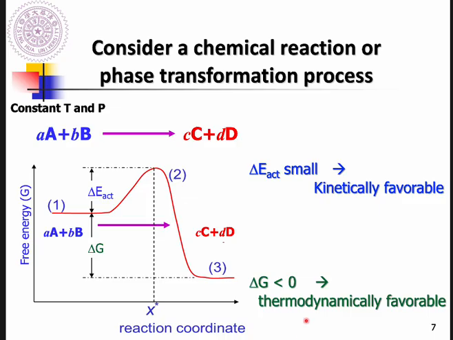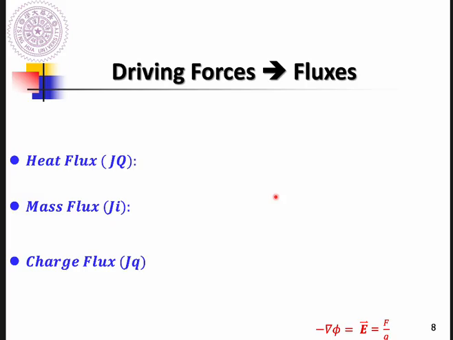Thermodynamics can help you determine the reaction direction, but kinetics can tell you how fast or how slow this reaction is. Next, as long as we have kinetics, it means that we have a flow process. So before I move forward, I need to introduce flux, which means there is some driving force to drive this flux.